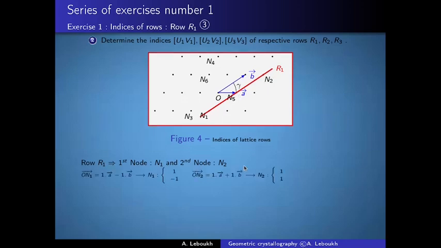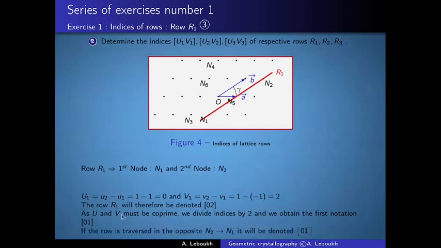And here we find U1 equals 0 and V1 equals 2, and the row will be denoted [0,2]. But we know that U and V must be coprime. Here we divide these indices by the common divisor 2, and we obtain the same notation as earlier, [0,1]. 0 divided by 2 gives 0, and 2 divided by 2 gives 1.